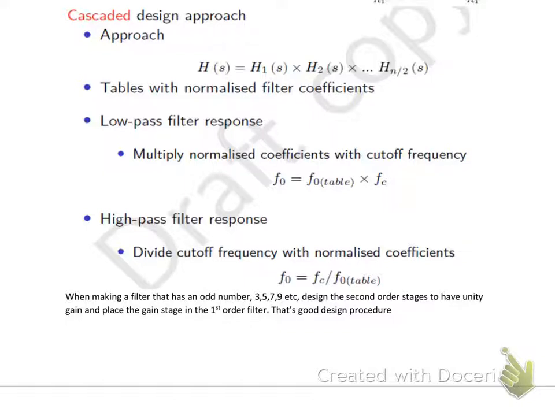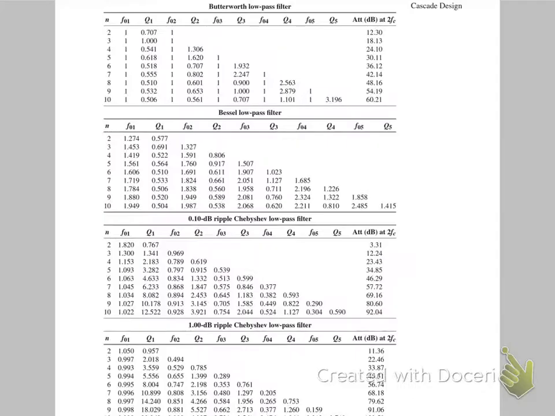The other way is to design it using a table. This table is used when you would like to design a cascaded amplifier. These aren't amplifiers, these are just numbers.